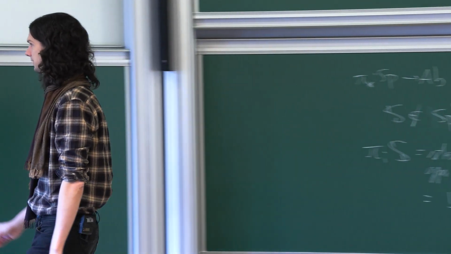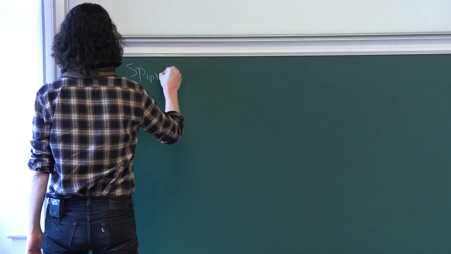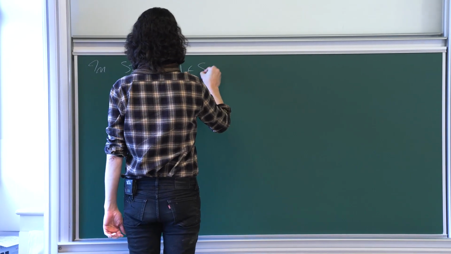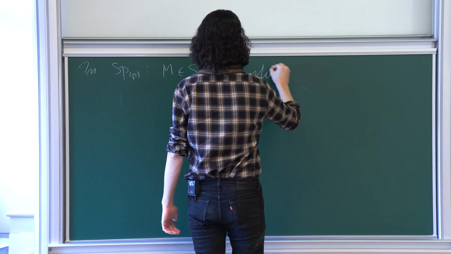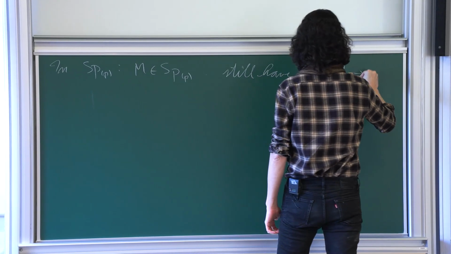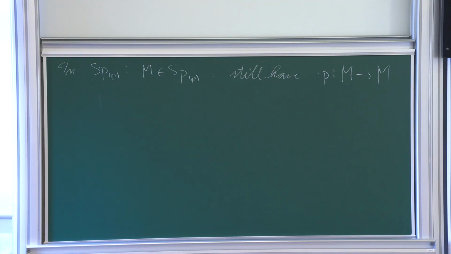So now we take a spectrum instead, a p-local spectrum. Well, we still have a multiplication by p map.